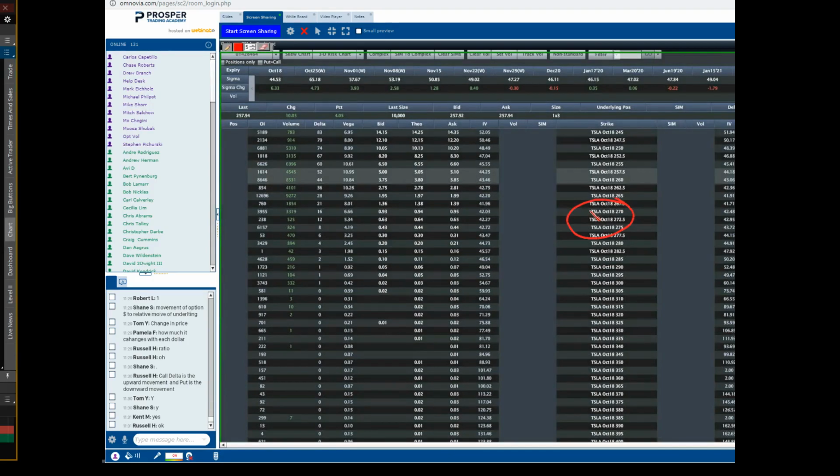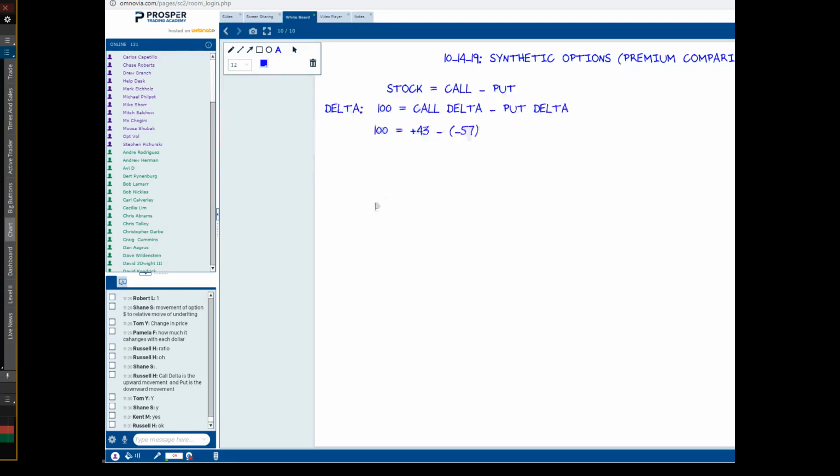The 270s. Okay? 270 call is a 16. 270 put is an 84. Okay, so if we do this example, then we have 100 equals 16 minus a minus 84.